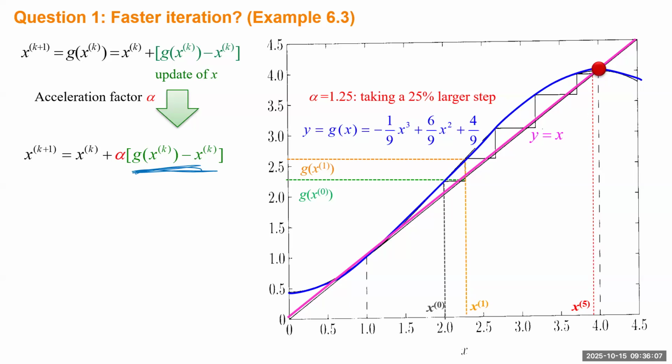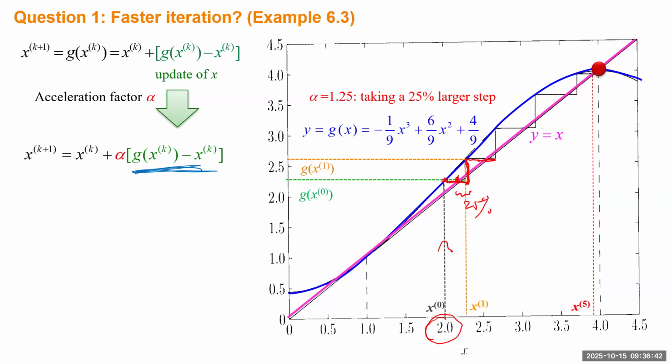You see right now, each time we update from the initial estimate, we start from 2.0. We still draw the vertical line to intersect with this blue curve at this point. This is exactly the same. Then when we draw the horizontal line, we don't stop at the magenta line. We go about 25% longer beyond that line. Then starting from this point, we go up.